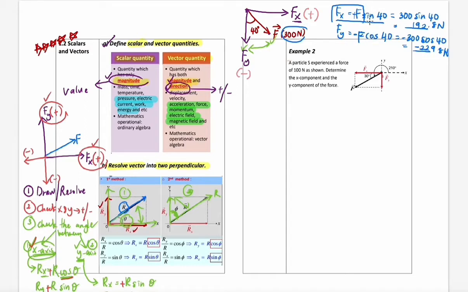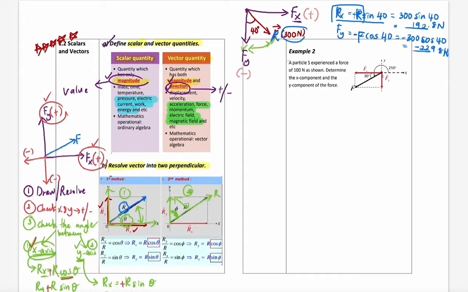Yang depan tu akan always Fx equals to F cos or sin theta kita. Okay, and tak semestinya dia F. Kalau kat sini, for example, if kat sini R, dan kat sini pun akan jadi R. Kat sini pun akan jadi R. So it's anything, it can be any vector. Okay, I hope korang dah start nampak sikit. Okay, now we try example 2.